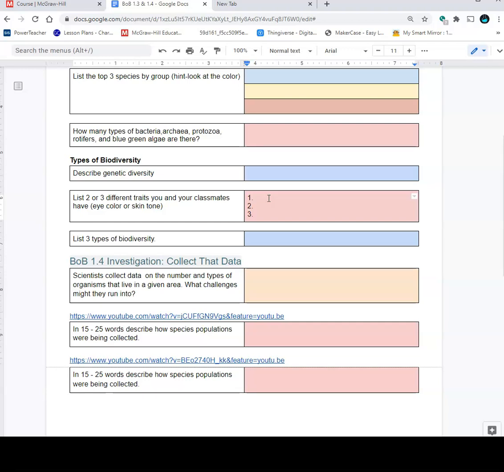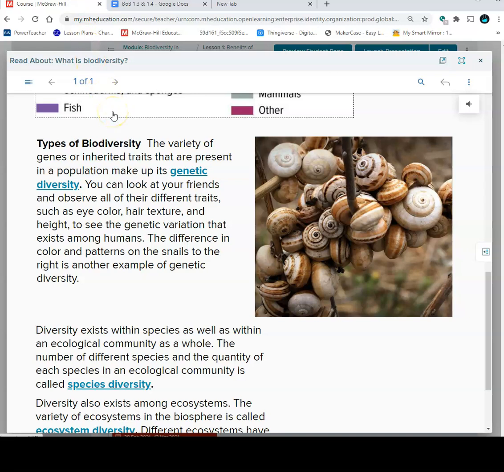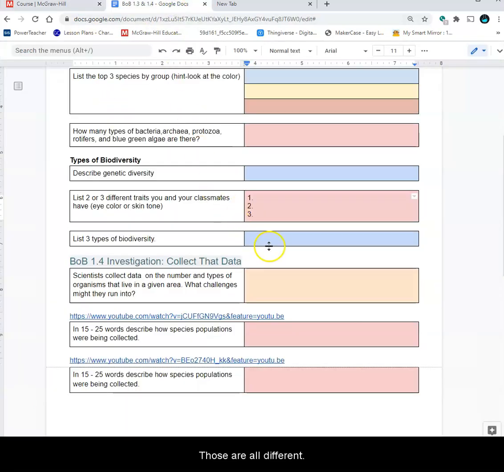So again, whether or not your earlobes attach or hang, hair texture, and height. Those are all different types of traits.